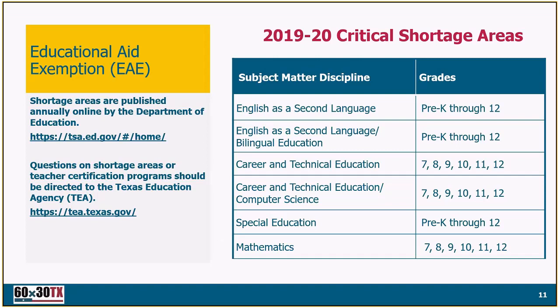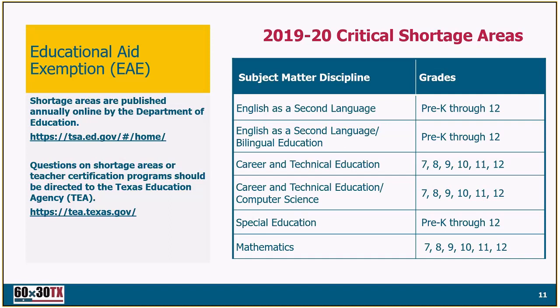So last month's webcast in July, I went through educational aid exemption, and one of the pieces that we talked about was the critical shortage areas. At that time, we didn't have the critical shortage areas released yet from the Department of Education or Texas Education Agency. As of this broadcast, we received those, and they are available on the screen.